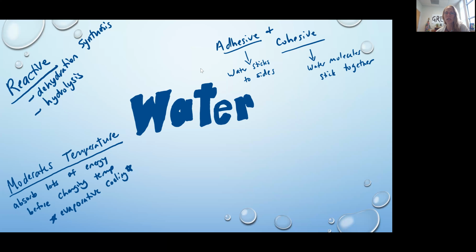If you've ever watched those little bugs called water striders, they look like they're walking on top of the water. They're actually walking on those hydrogen bonds, so that's pretty cool. Both the adhesive and cohesive properties are important in getting water from the roots of plants all the way to the tippy top of the leaves.